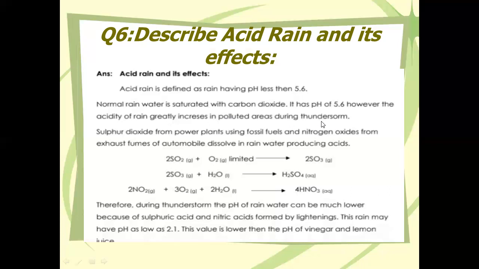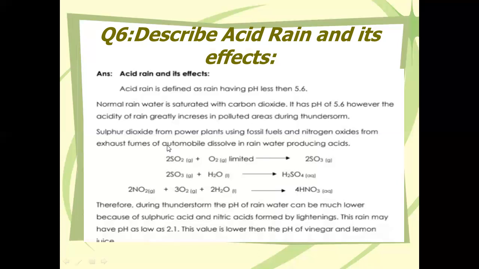So during thunderstorm, the gases which are present in atmosphere, their oxidation takes place, and then they react with the rainwater and form acids. So you can say that the medium is provided by the thunderstorm. Thunderstorm provides them the heat, or in other words, the power to oxidize.